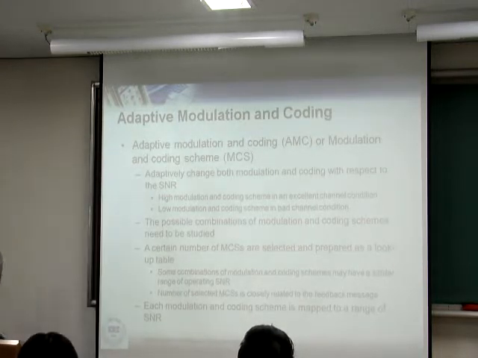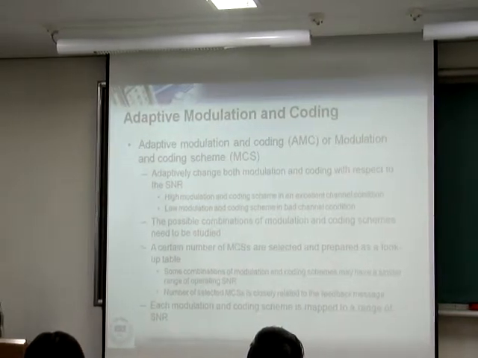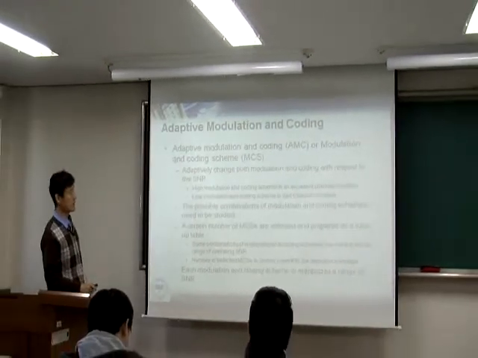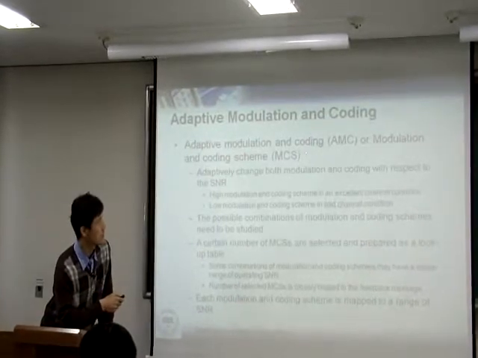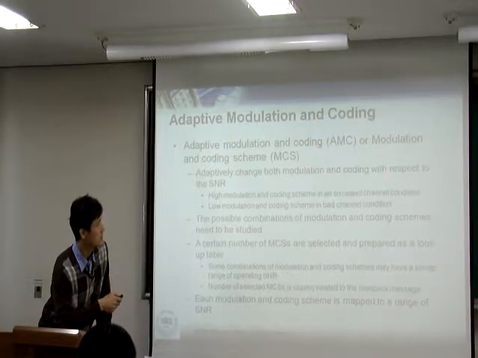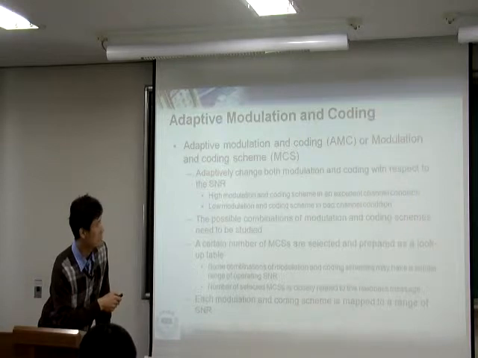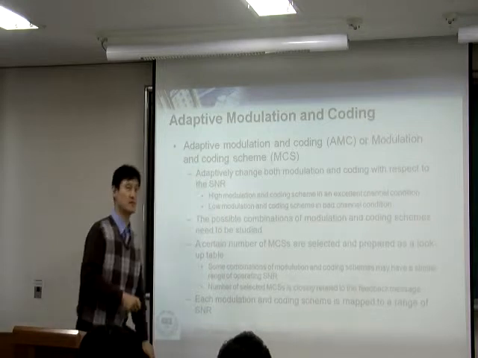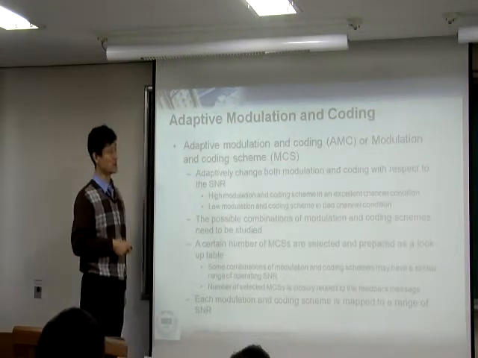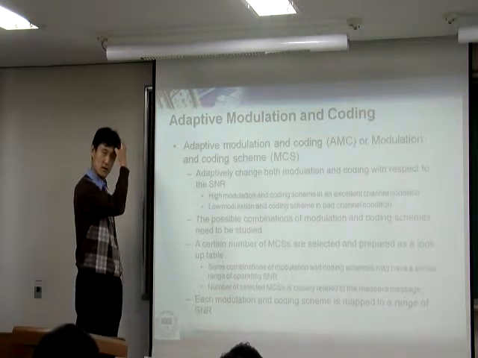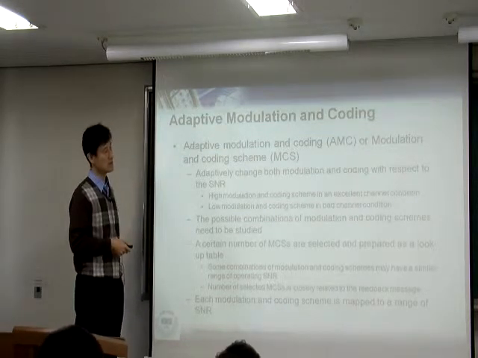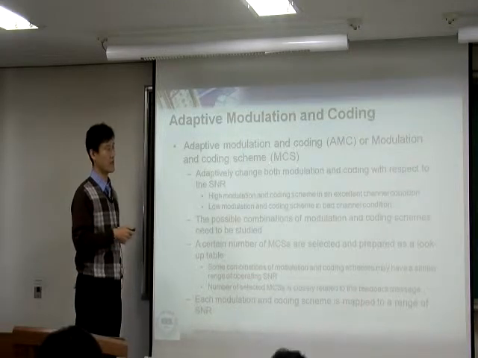Now, what people typically do when you design the system is that they put those two together. It's called adaptive modulation and coding. Some people call that AMC, but the more popular term is MCS, modulation and coding scheme. If you Google MCS, you'll find a lot of things, and all of the typical commercial systems, wireless standards, use the terminology MCS.